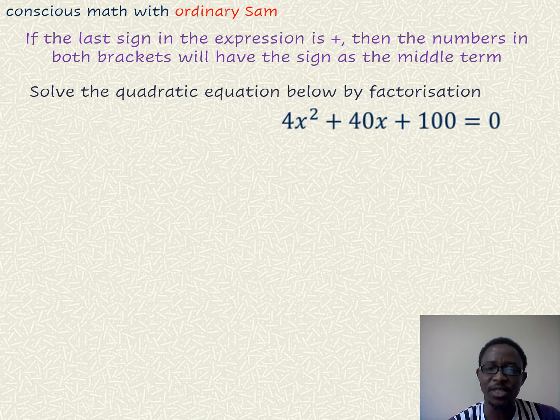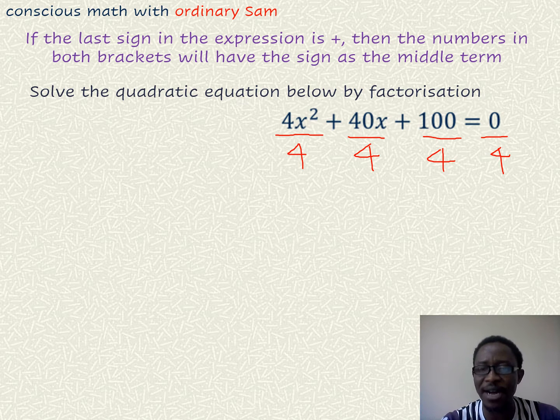So this is 4x squared plus 40x plus 100 is equal to 0. Look at your a. In this case, the number attached to x squared, which is 4. If you can go into each of the other terms, please go ahead and divide. Otherwise, I will tell you what to do. So here it can, so I'll divide it by 4 on both sides to maintain balance.